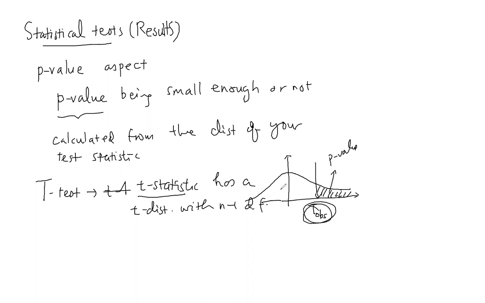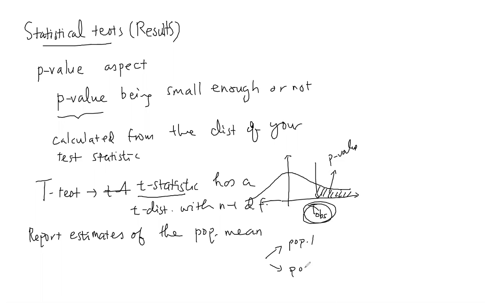So you can report the p-value, but more importantly you should also report estimates of the population mean, because in your question you have two populations, right?